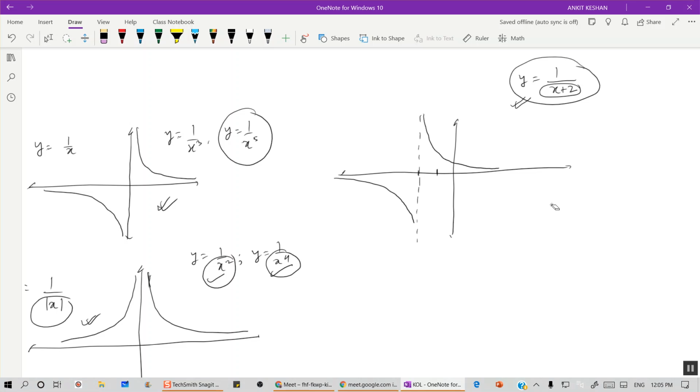Now if we do y is equal to 1 by mod of (x plus 2), what will happen?